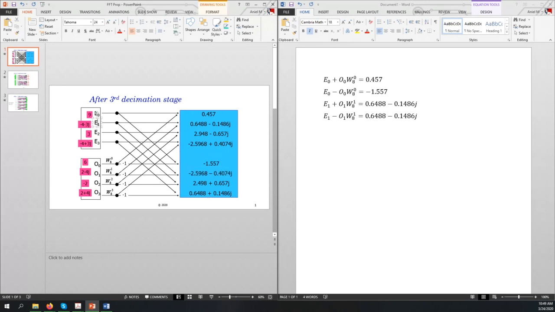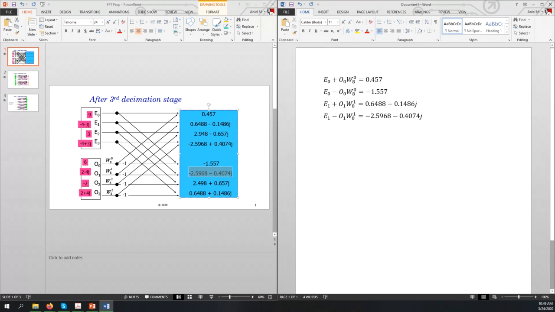Because we can see E1 here will go down to this value, and then O1 W8 1 is multiplied by negative 1 here. So that means E1 minus O1 W8 1 is equal to this value, that'll be negative 2.5968 minus 0.4074 j. And we can keep on going for each one of these to get simultaneous equations as such.